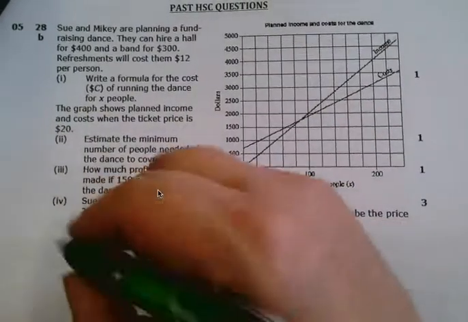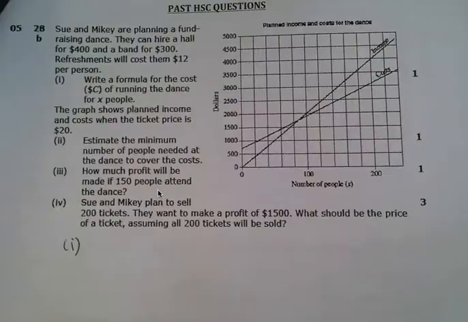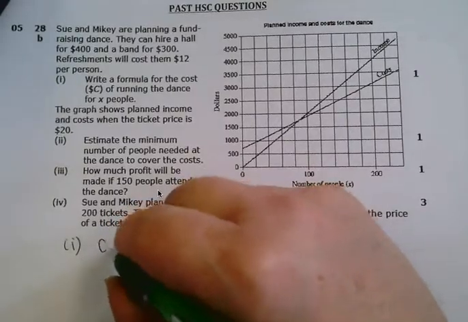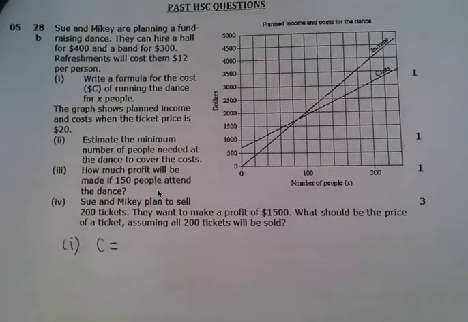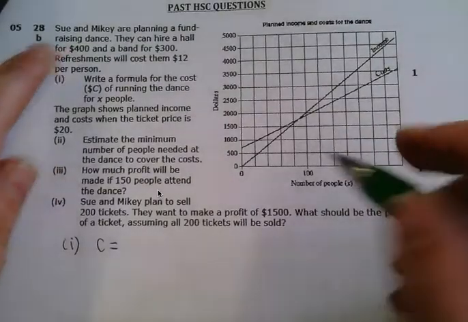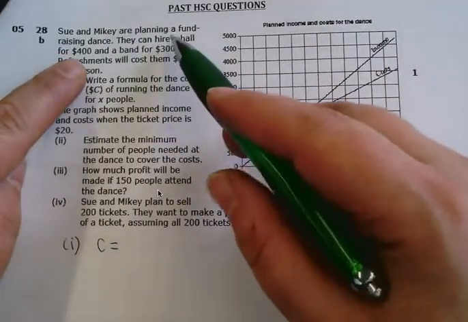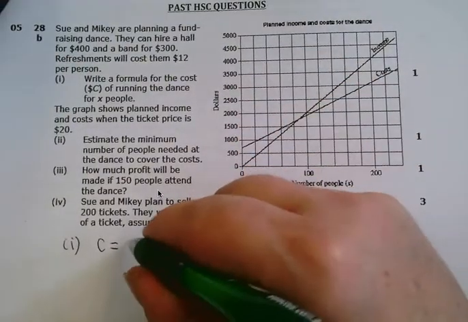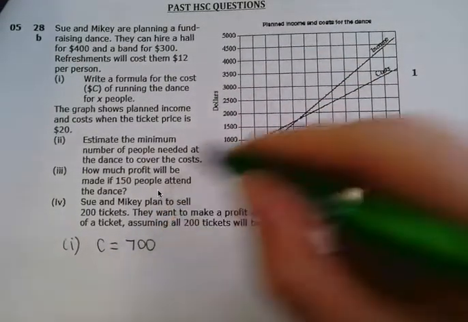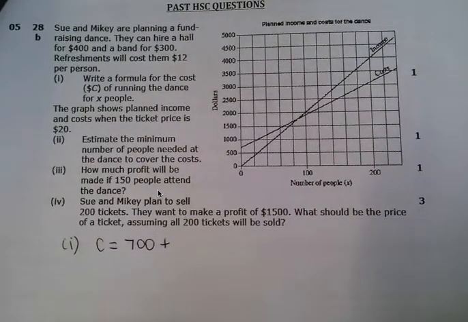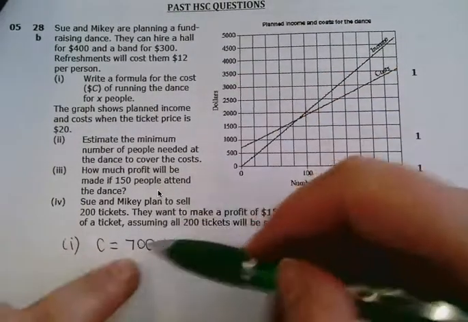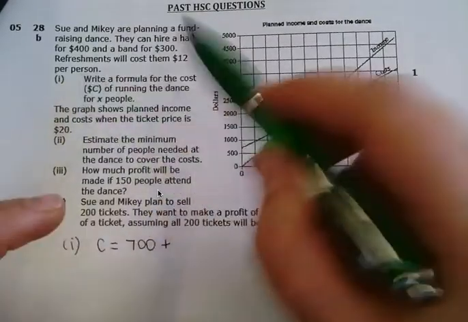And the question is, part one, to write a formula for the cost of running the dance for X people. So girls, what's the cost? Come on, pretend you were running a dance. 400 and 300 is 700 plus, if one person goes, it'll be 700 plus 12 times 1 for drinks for one person.